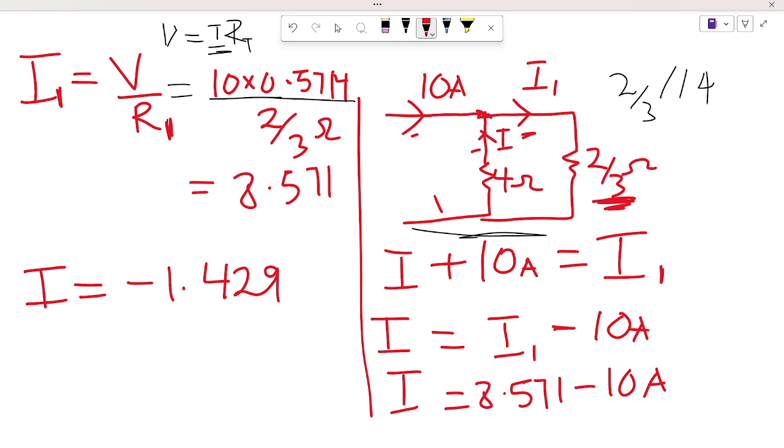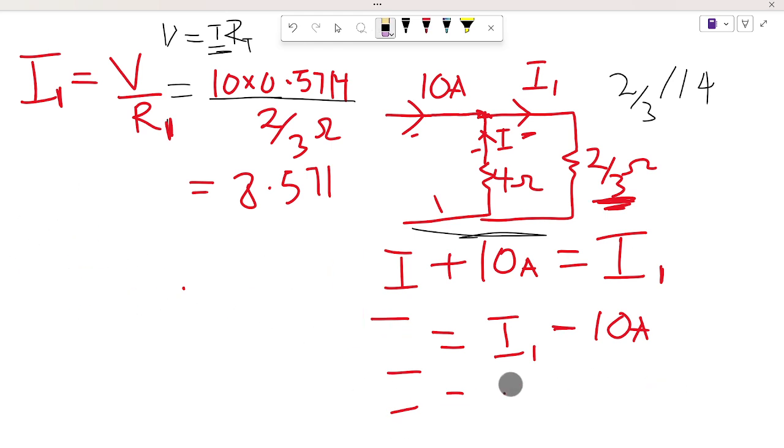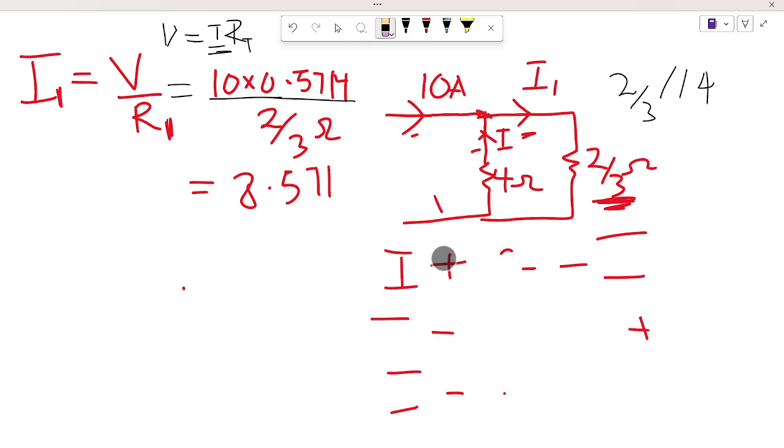Just as we did this calculation to arrive at the value of our I1, we can do a similar calculation to get our I. So here we can just go straight away.